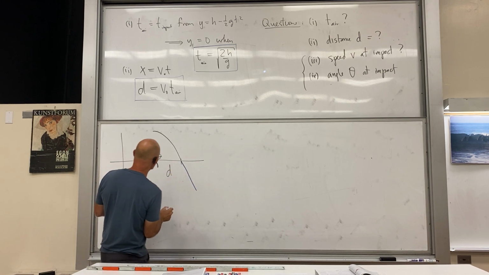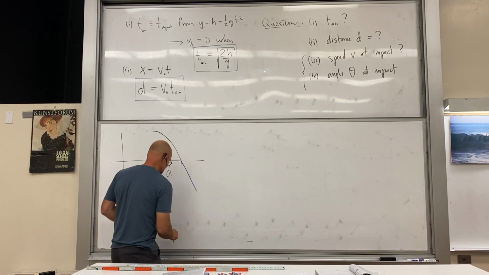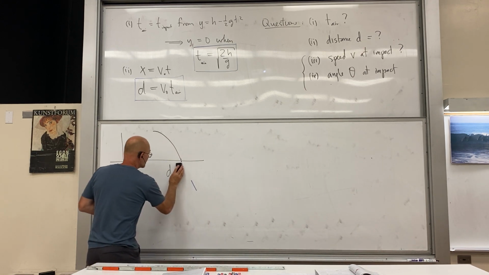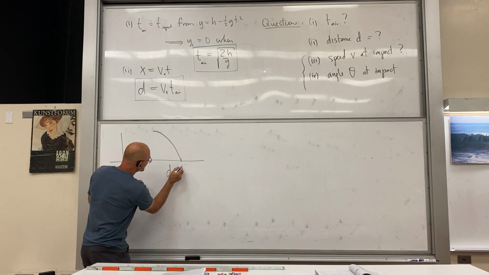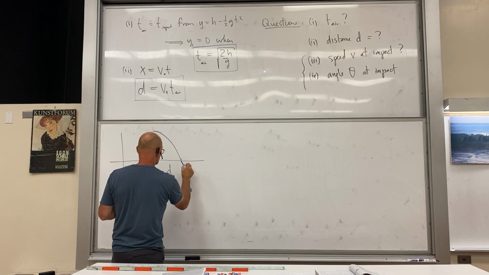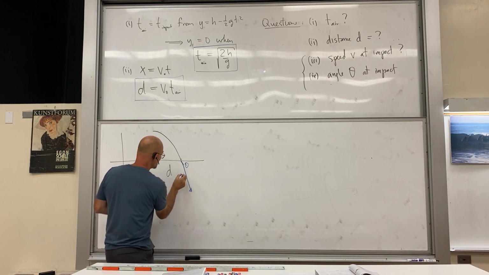I'm going to draw a larger one. I've got to maintain that slope a bit better. Okay, so it's coming like that. I've just drawn a larger version.